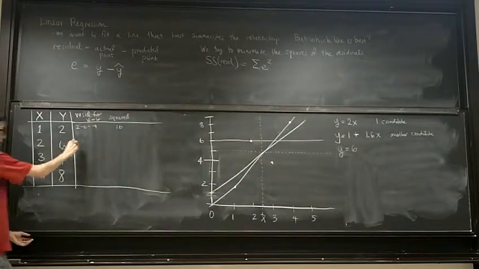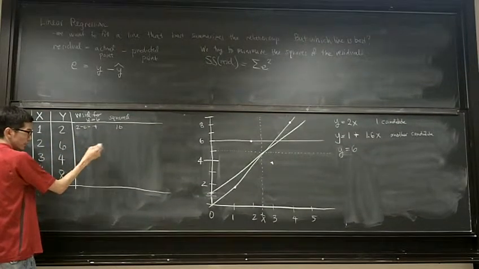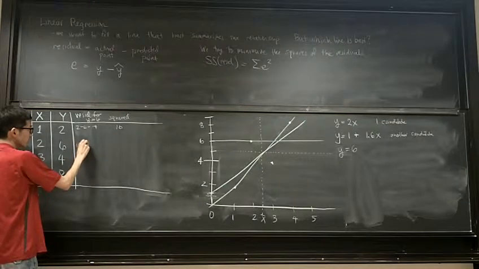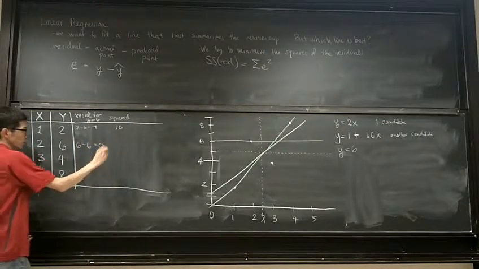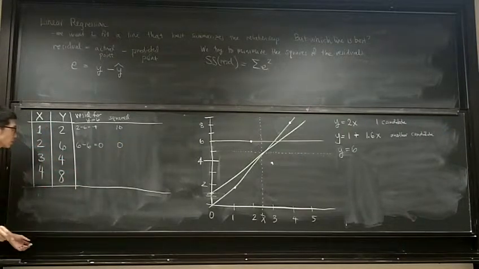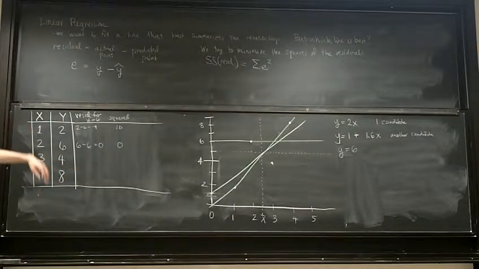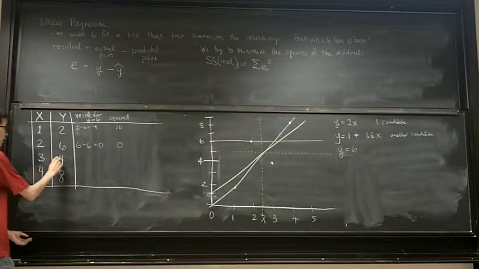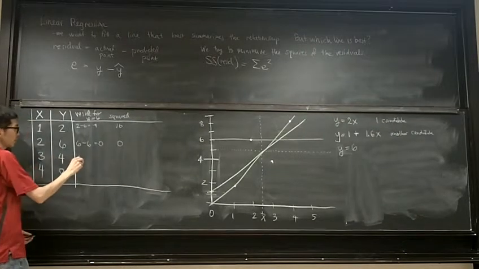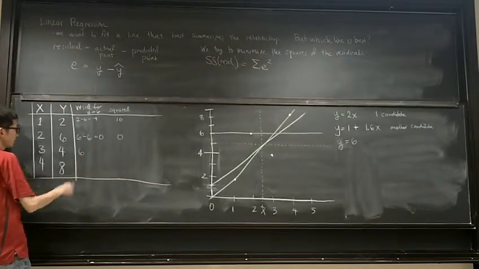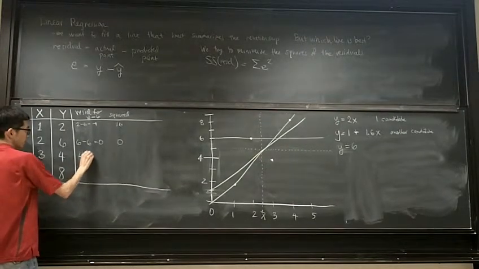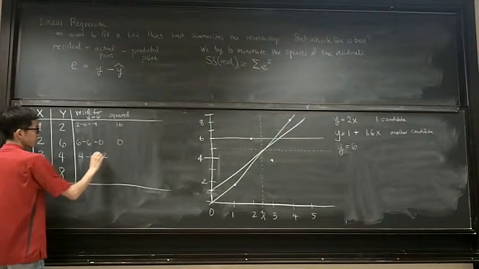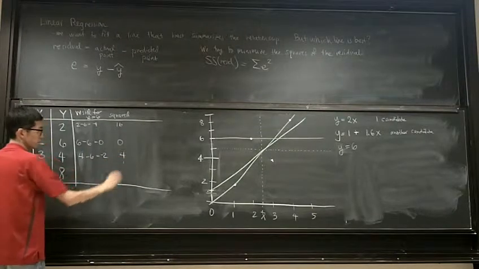Here, if the actual point is 6 when x is 2, I predicted 6. So here, my residual is 0, and squared, I get 0. Over here, the actual point is 4, and I'm predicting 6. So I get a difference of negative 2, and when I square that, I get 4.